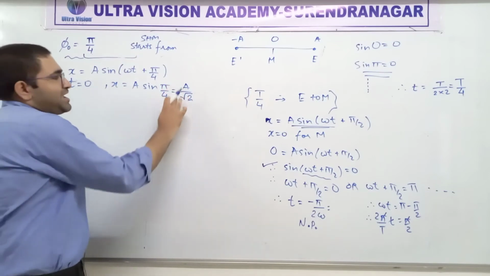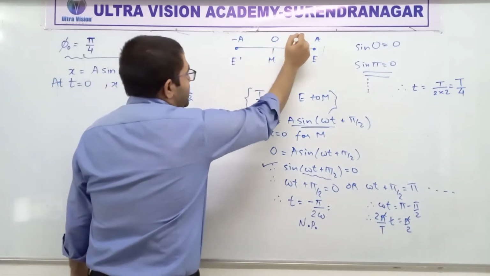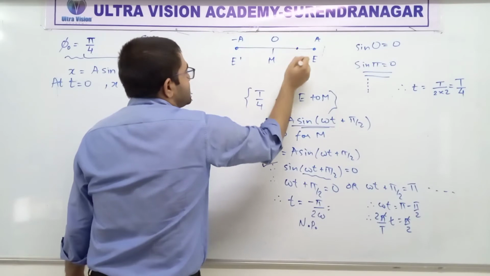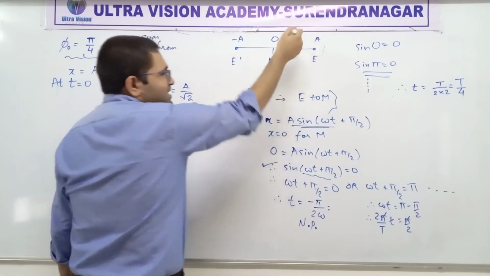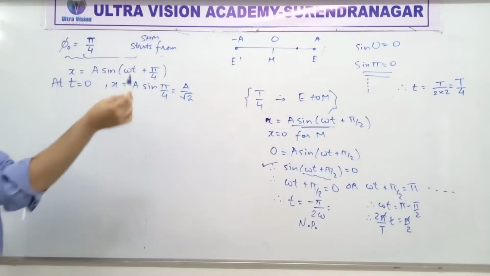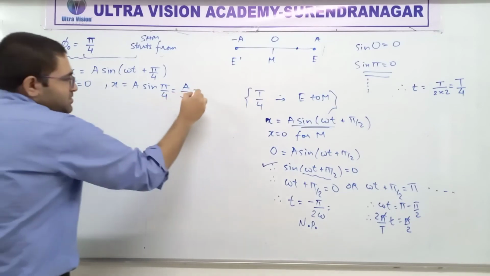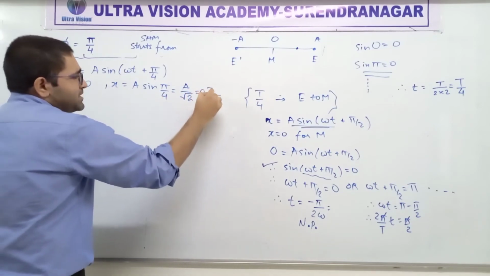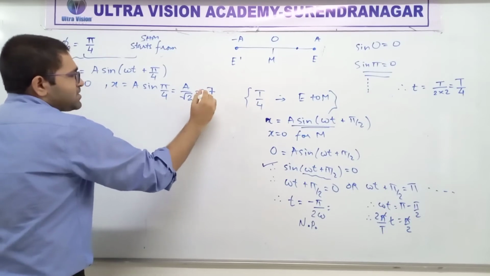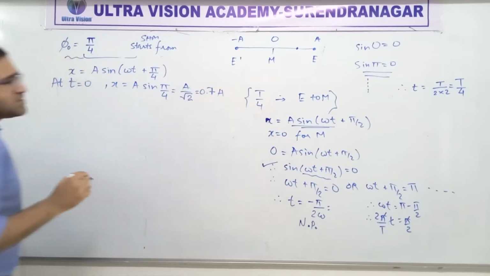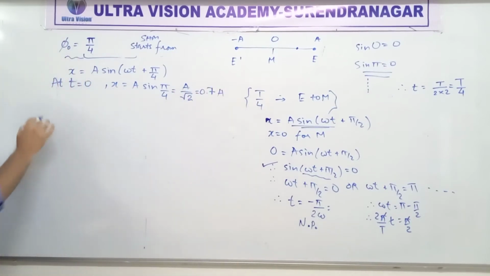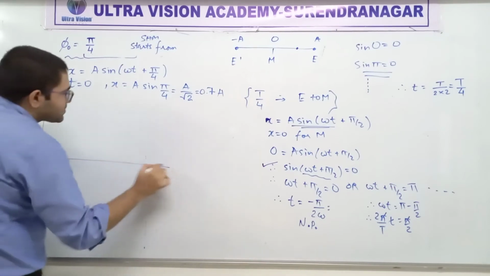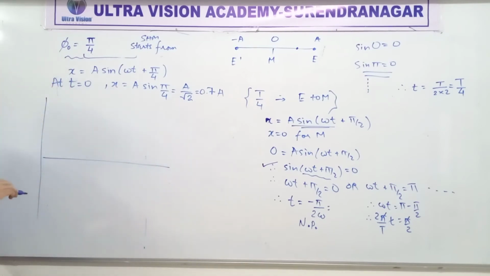So x equal to A by root 2. That would be somewhere over here. Right? Okay, not exactly in the middle, but somewhere between 0 and A, because 1 upon root 2 means about 0.7. Okay, close to 0.7. Right? So now if I draw it in the graph, see what will happen.